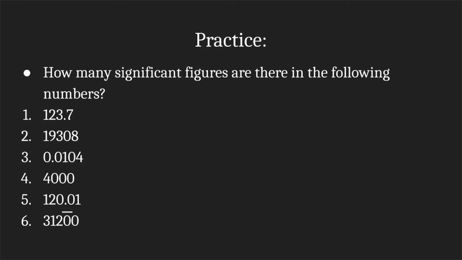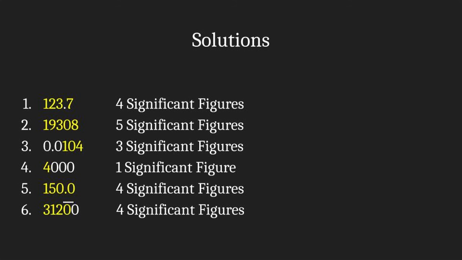Question 4 is 4,000. Number 5 is 120.01. And question 6 is 31,200 with a line over the 0 in the tens place. At this time, I encourage you to pause the video, and the answers will be provided for you on the next slide. The solutions are as follows.